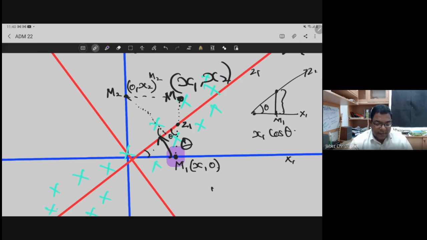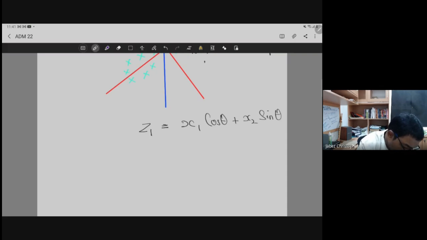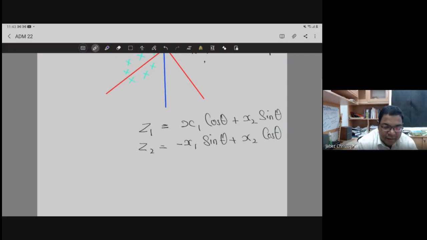So we get four projections like this: m1 on z1, m1 on z2, m2 on z1, m2 on z2. We are going to add those four projections on z1. At the end of the day, we are not going to use sin theta or cos theta, but it's good if you understand and know it.